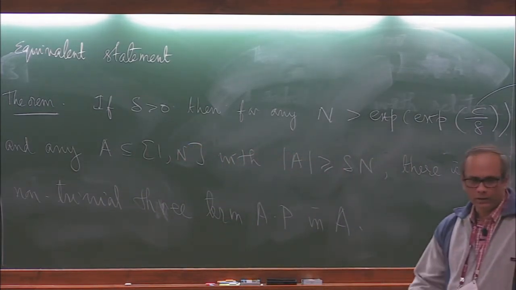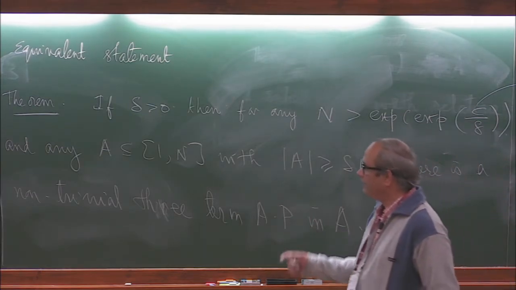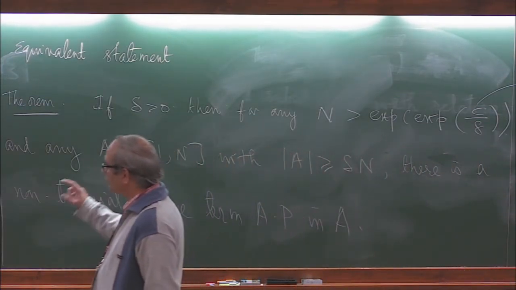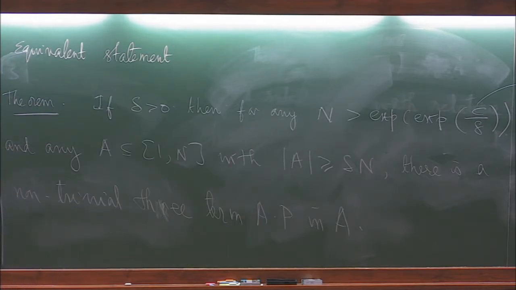So now let me tell you what is the plan for the course, since I have told you the main results at least. My plan is to prove Green's theorem. I will do that by first proving Roth's theorem and then reducing Green's theorem to Roth's theorem.